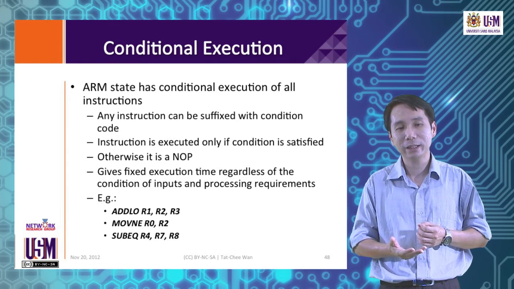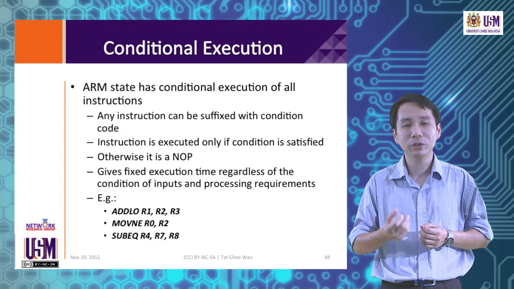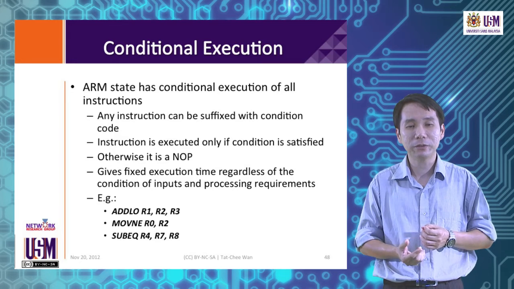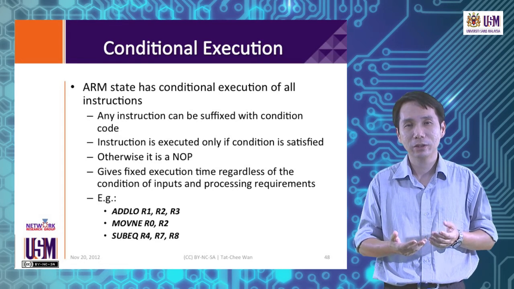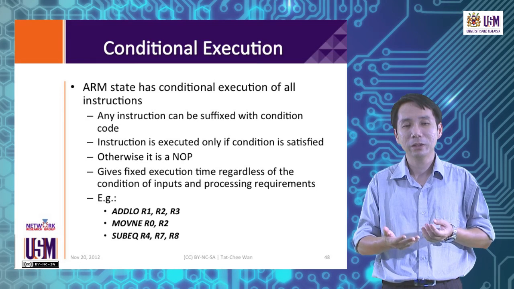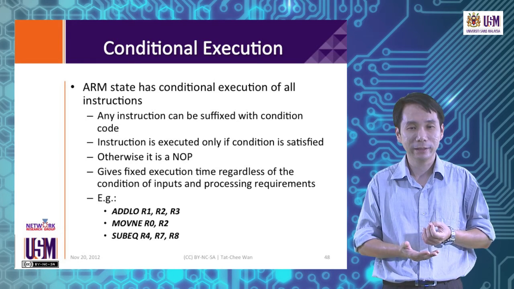Add lower than R1, R2, R3 will only store the result of R2 plus R3 into R1 if the earlier comparison or other condition flags have been updated to have the state of lower than.